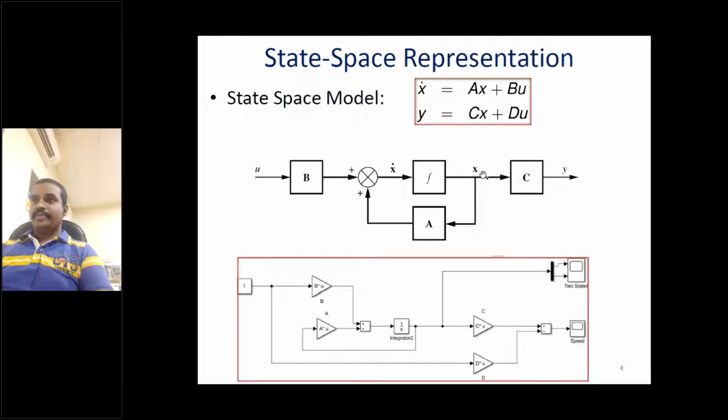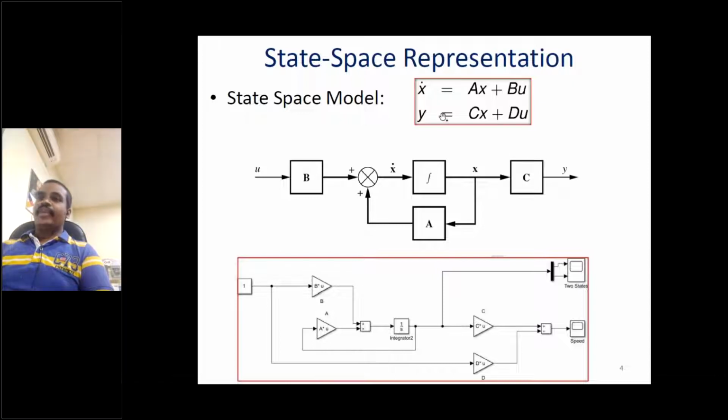Once again, this particular point is A into x, and this particular point is B into u. So you are getting x dot equal to Ax plus Bu. That's the first expression.